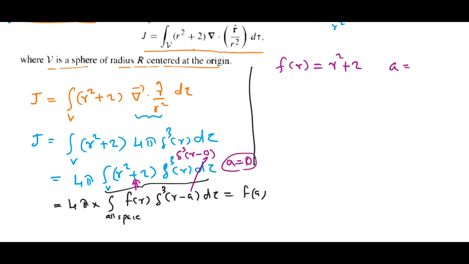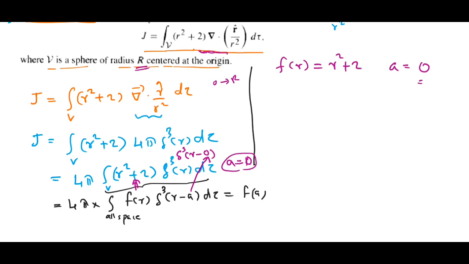This is our a. Then this a equal to 0 lies well inside the radius. Therefore, the result of this integral will not be 0, because the radius goes from 0 to R. Fine.